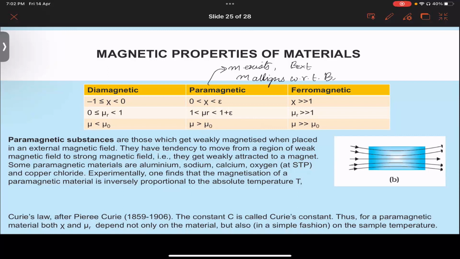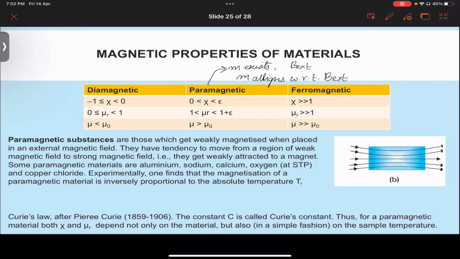Now since they are aligned, there is going to be a magnetic field, and it is not going to repel the external magnetic field, it will be attracted. If you place it in a uniform field, then the field is enhanced.